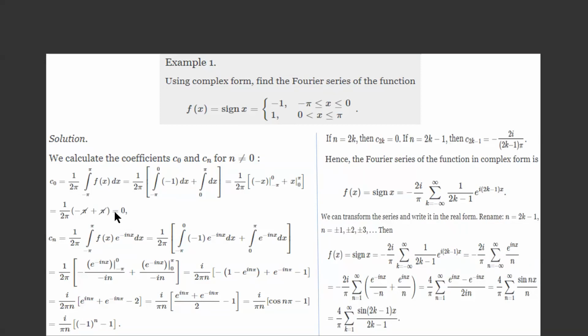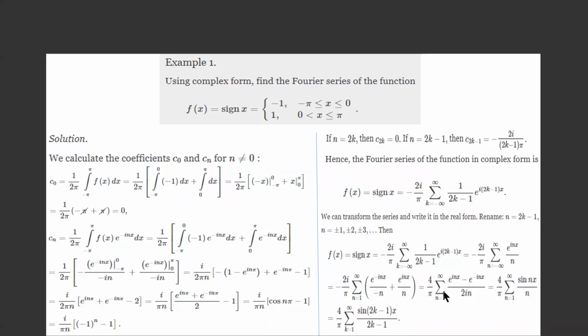I proved it, C naught is equal to 0, because I know from the beginning this is an odd function, this is why I will not have cosine. I will have only the sine. So I split this one into two sums. And remember, this is cosine plus i sine, and this is cosine plus i sine. So if I subtract these two, I will have only sine.